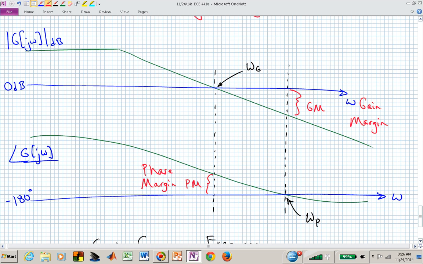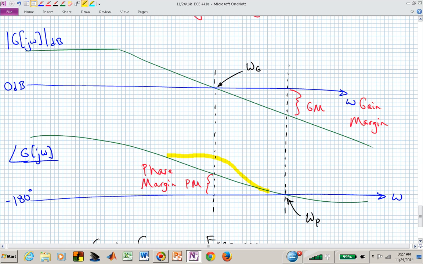If your magnitude plot was actually larger than 1 when your phase curve crossed through minus 180, you would have an unstable system. You want these margins as defined here to be positive, and these are the positive values that we will be using. If we wanted to improve our phase margin, then we might be interested in trying to make our phase curve do something like that.